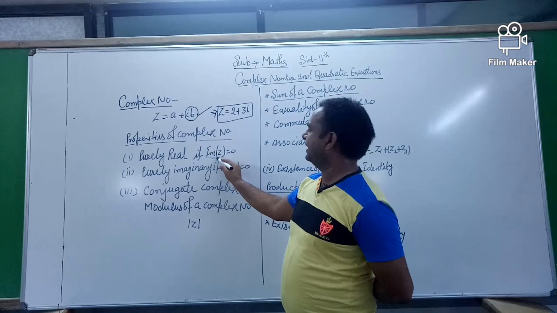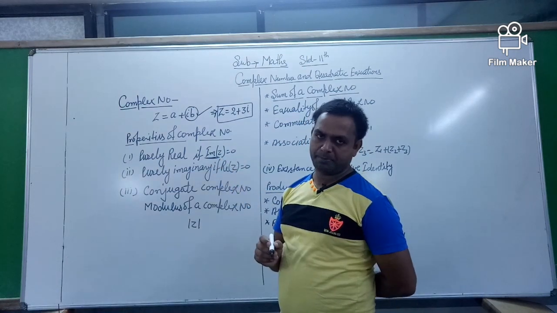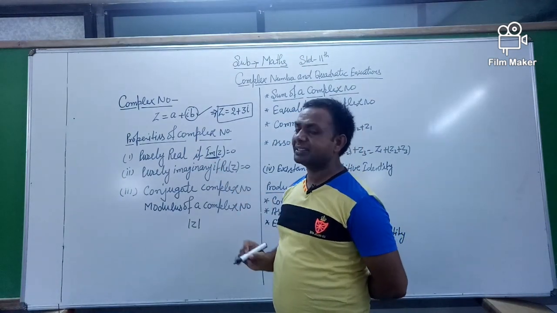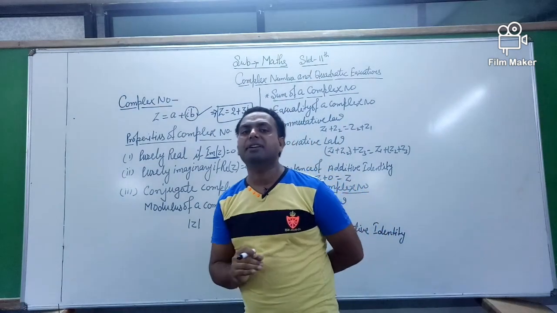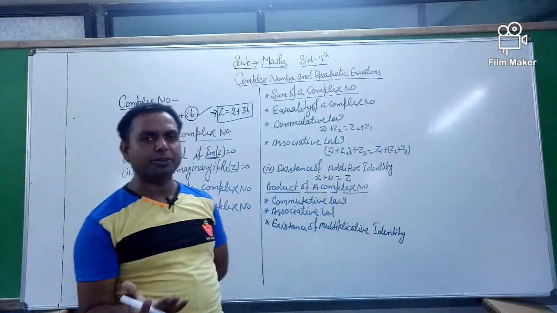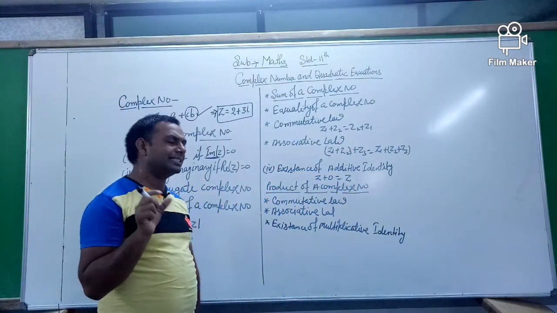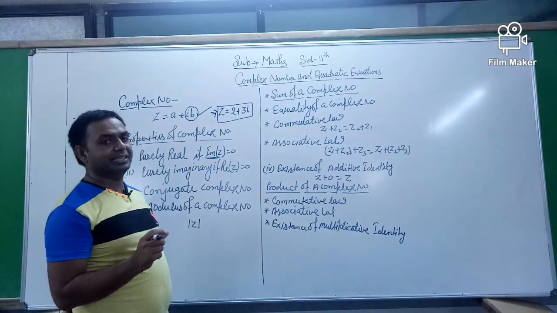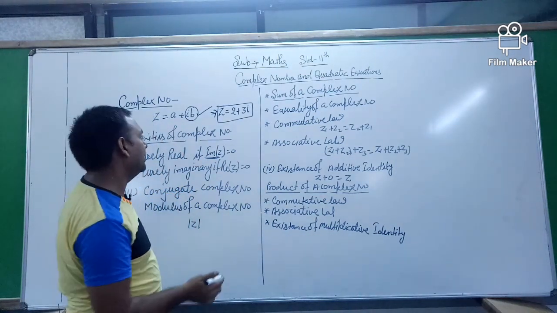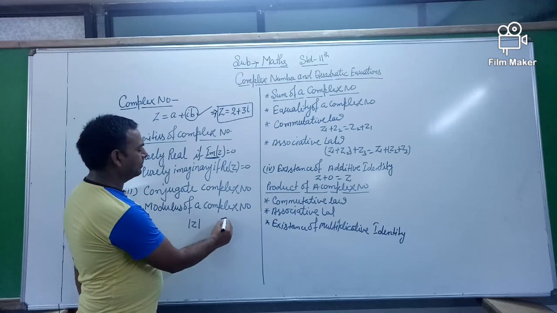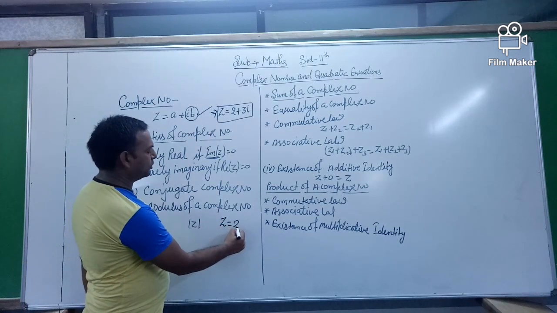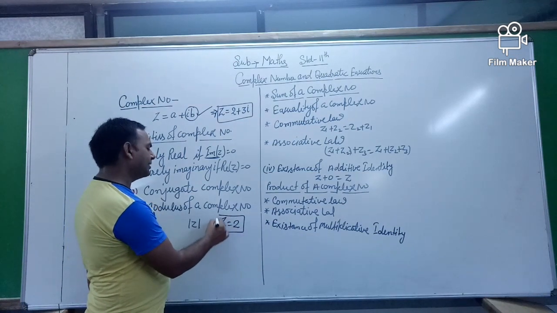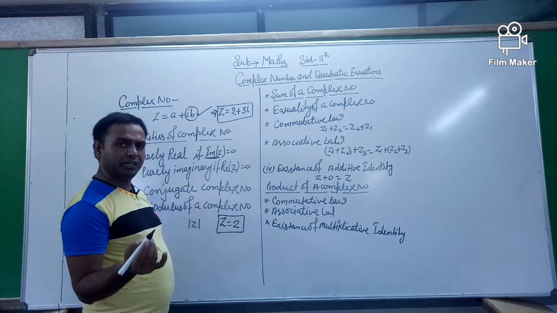Here it is written Im, which means imaginary, and z means the complex number. If the imaginary part of a complex number is 0, then you can say that the complex number is purely real. For example, if z = 2, the complex number is purely real.